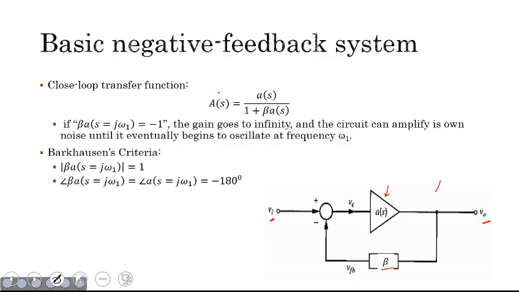So I have A of s, and that is equal to Vo of s divided by Vi of s, and that in terms of open loop transfer function and the feedback factor would end up with this result, which we would have already known.